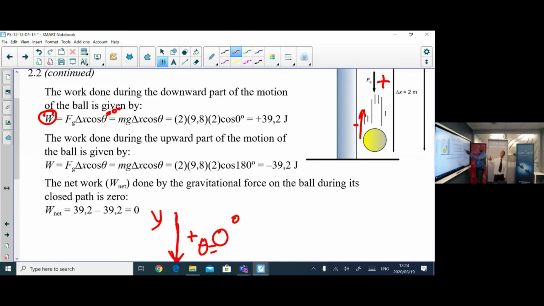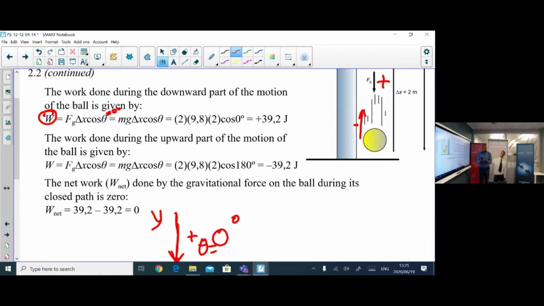If your mass is 2 kilograms, you are going to say 2 multiplied by 9.8. This is the gravitational acceleration. It's approximately 9.8. Don't be confused about that. Multiplied by cos 0 degrees.